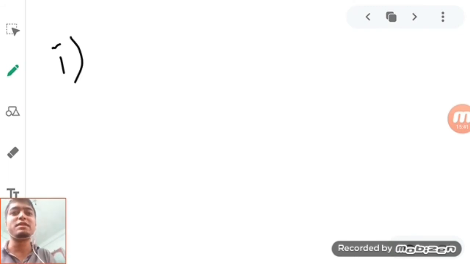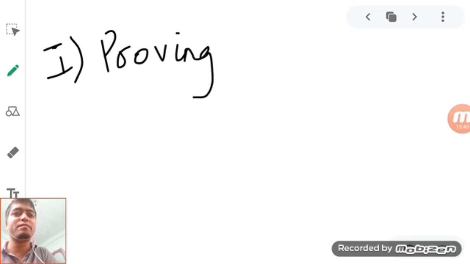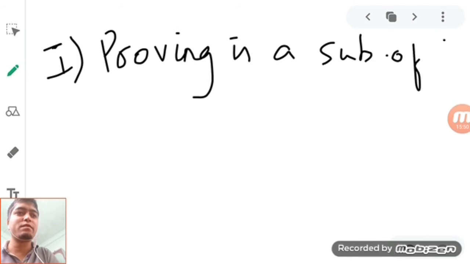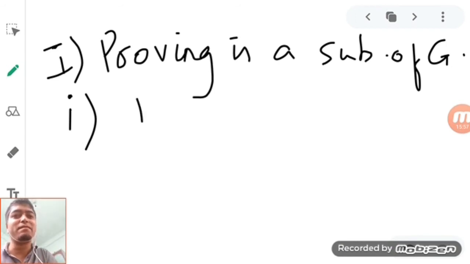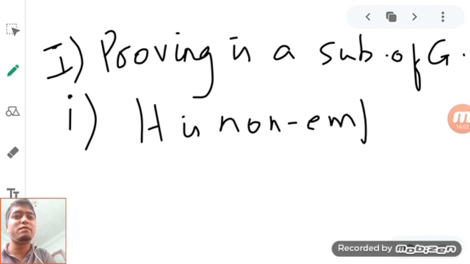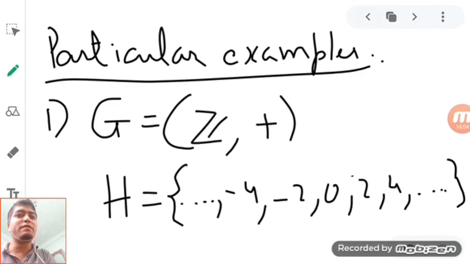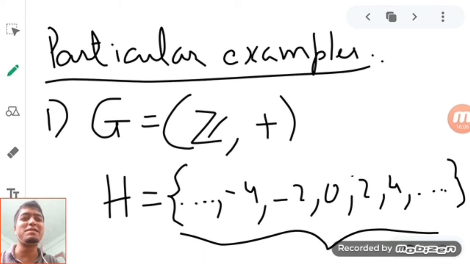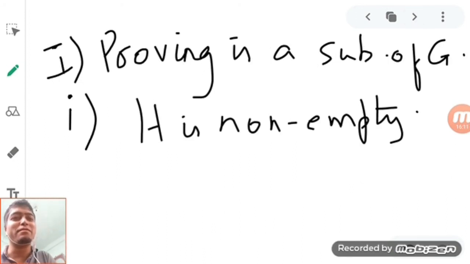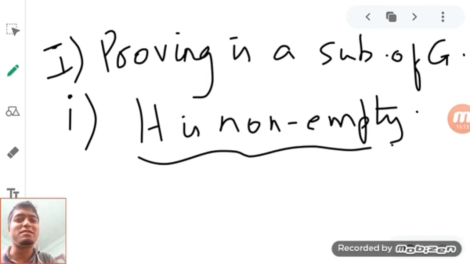The first condition in proving H is a subgroup: we have to show that H is non-empty. The first condition holds because you can see there are elements in H. So H is non-empty.